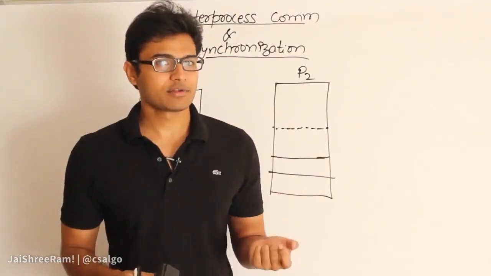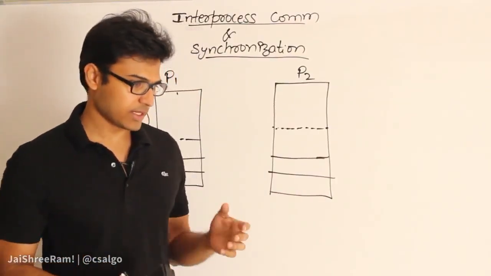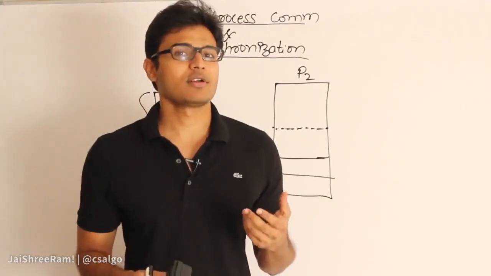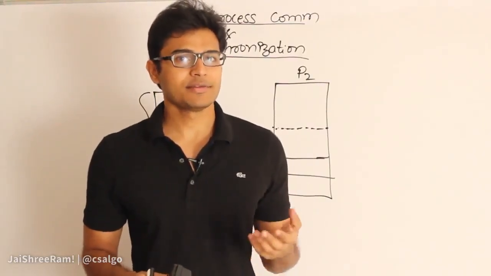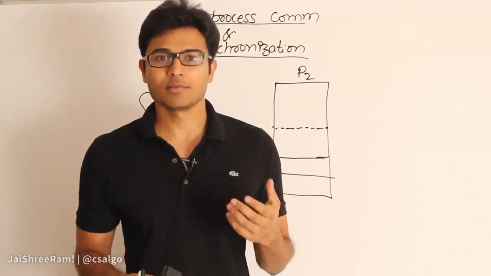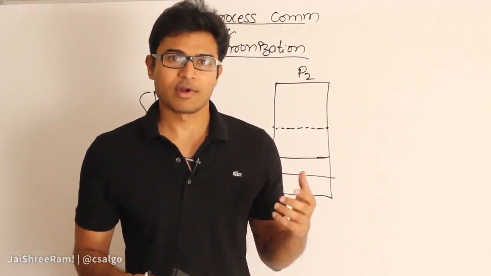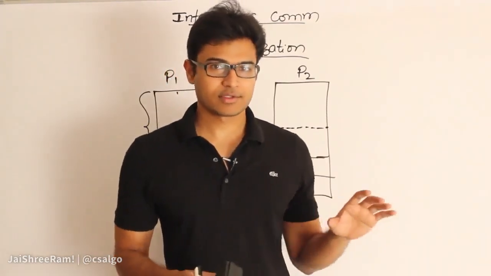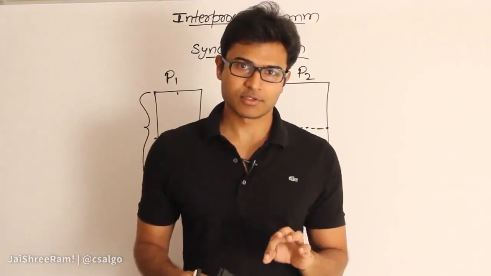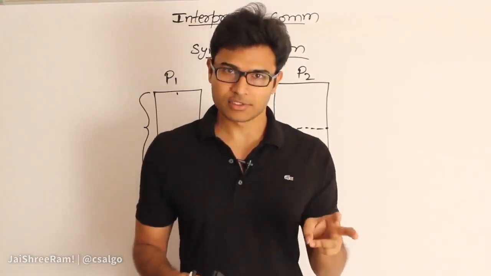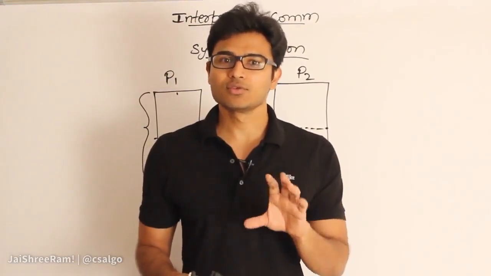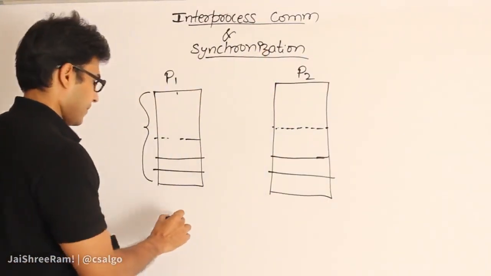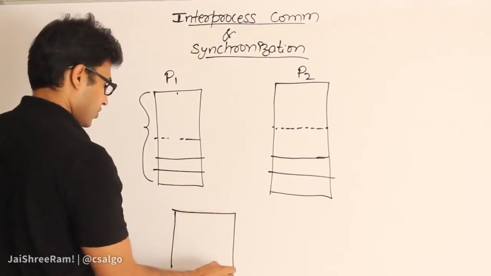So why is communication a problem? When I am talking about processes in the operating system, we are mainly concerned with processes running in the same computer or the same host. But when we talk about inter-process communication in computer networks, two processes want to communicate with each other when they are in different hosts.